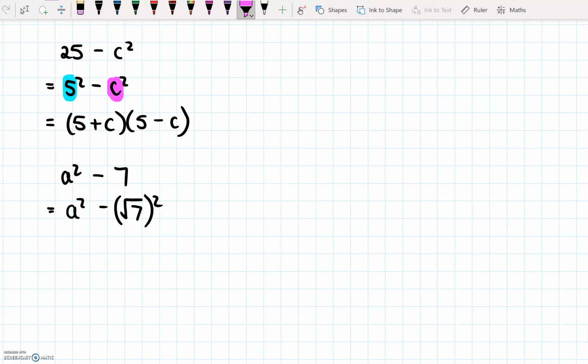So our first square is a, and our second square is the square root of 7. In this case we get (a plus root 7)(a minus root 7). This is still a difference of two squares, even though the second term didn't look like a square.